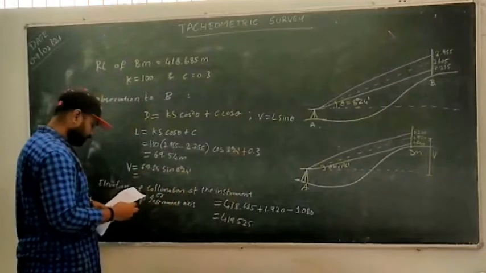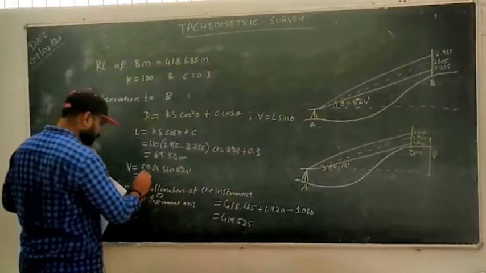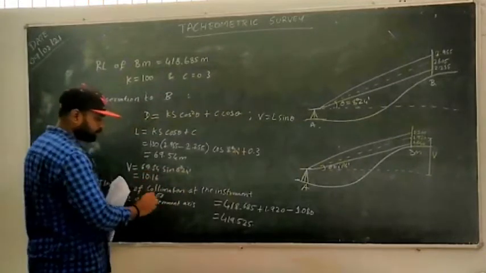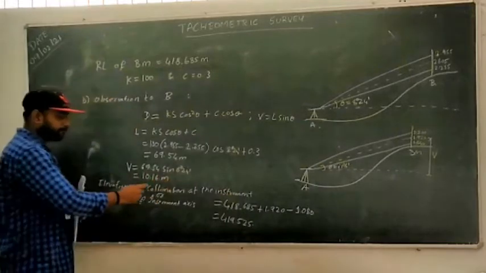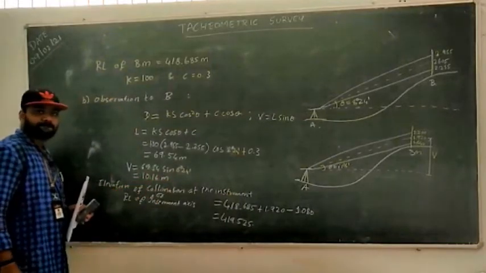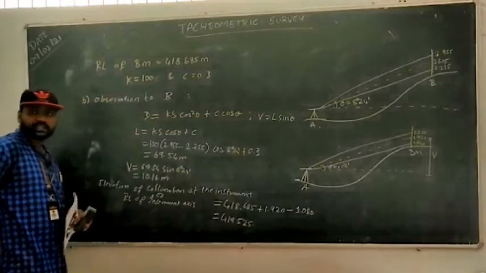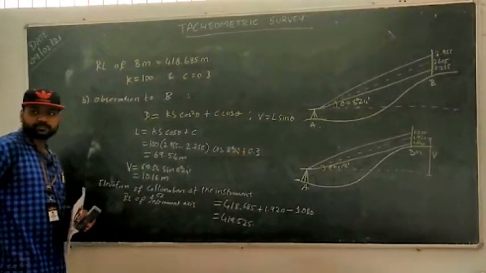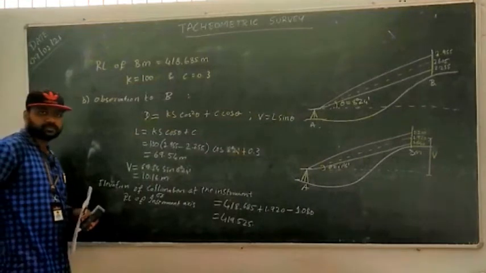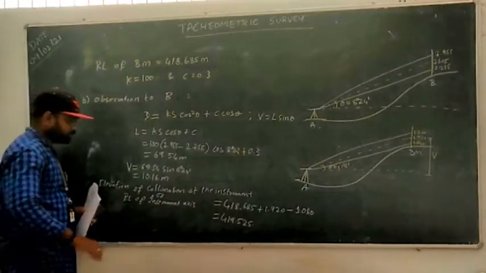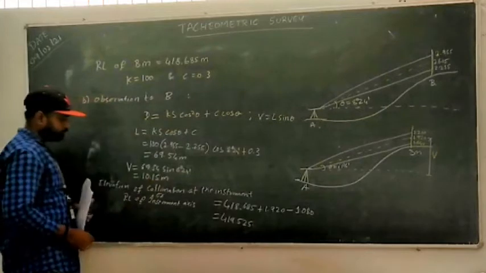So how much is V? V is equal to 10.16. Are you getting the same? Check it. Are you getting this 10.16? Okay, 10.15. Okay, fine.